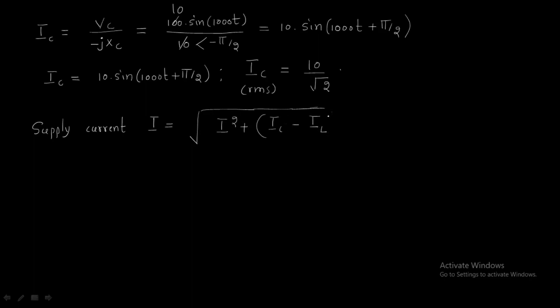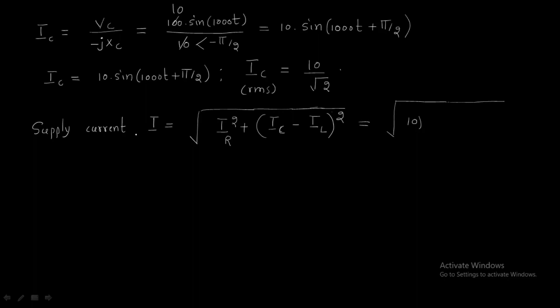This is a combination, not individual squares: IC minus IL squared. So the resistive current squared plus the capacitive minus inductive current squared. IR, you know, is 10 squared.